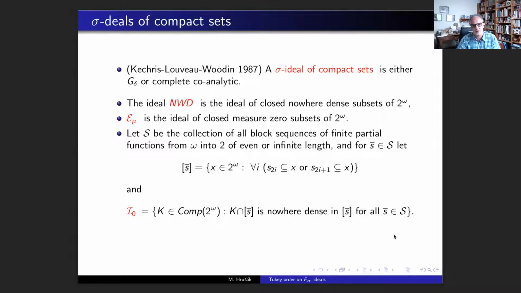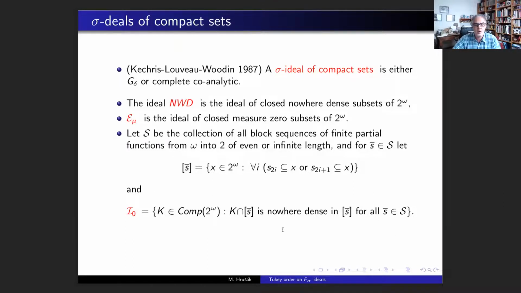It is an ideal if with any two of its elements it contains their union, and it's a sigma ideal if it contains all the unions which are compact. So if we have a countable union of sets in the ideal which is compact, then it is also in the ideal, and it's closed downwards. So if I have a compact set in the ideal and a compact subset of it, it is also in the ideal.